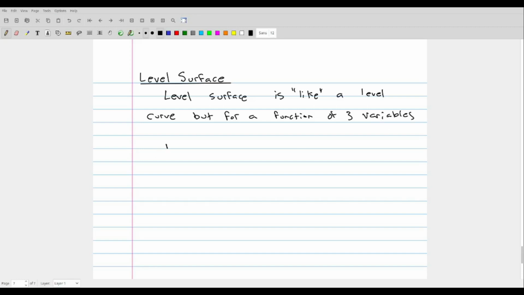Specifically, if we have a function of three variables, f of x, y, z, where the output is w, the level surface is what you get when you fix w equal to c for some fixed c value, and you consider the set of points x, y, and z that satisfies f of x, y, z equals c.